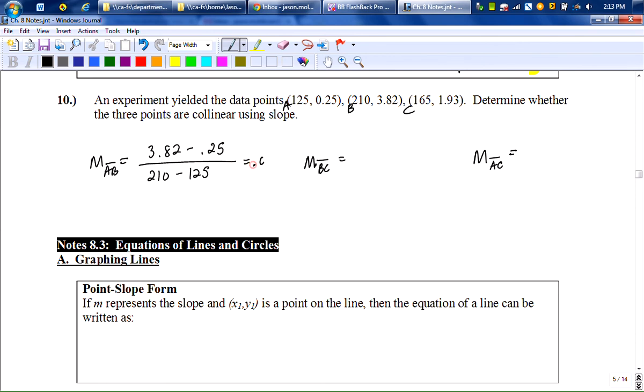And this is maybe the only case, one of the few cases, where I'm going to write the slope as a decimal. And I'm also using a calculator to number crunch this. I've done this ahead of time.